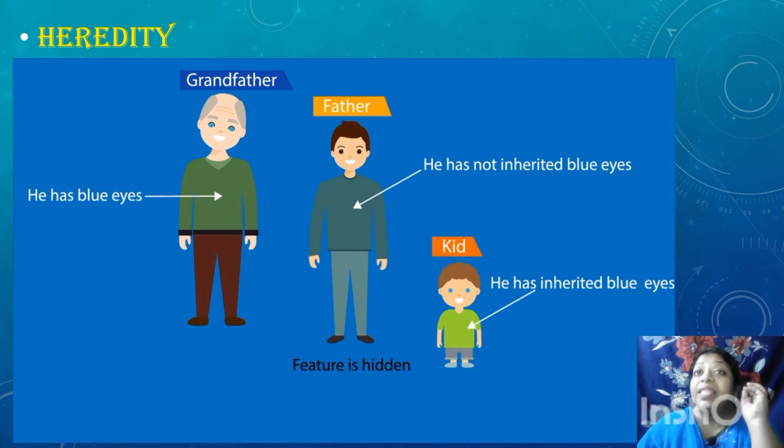Of course, this heredity involves some makeup of a body, or some design of a body, or some similarities which are seen in the body, as well as the variation which is brought forth from one generation to another, that is, right from the parents to the offspring.